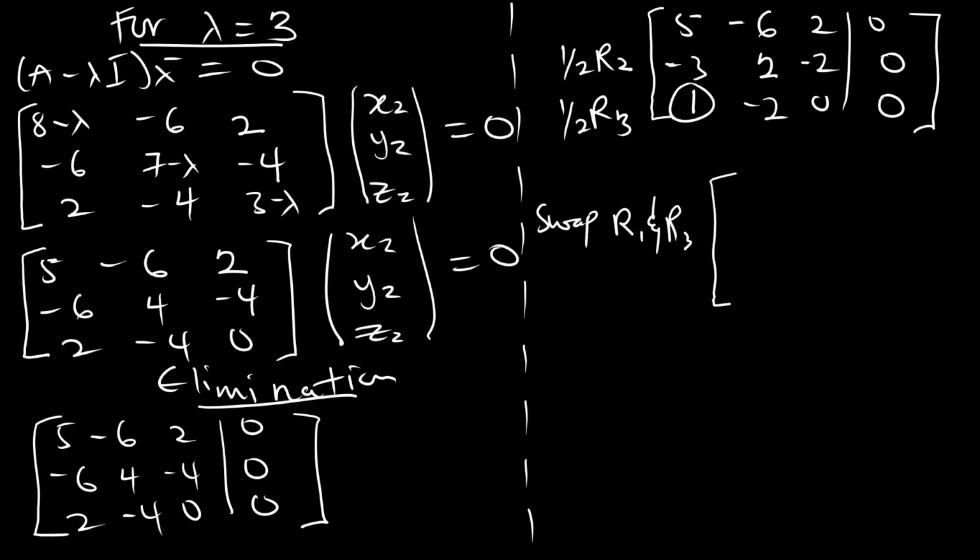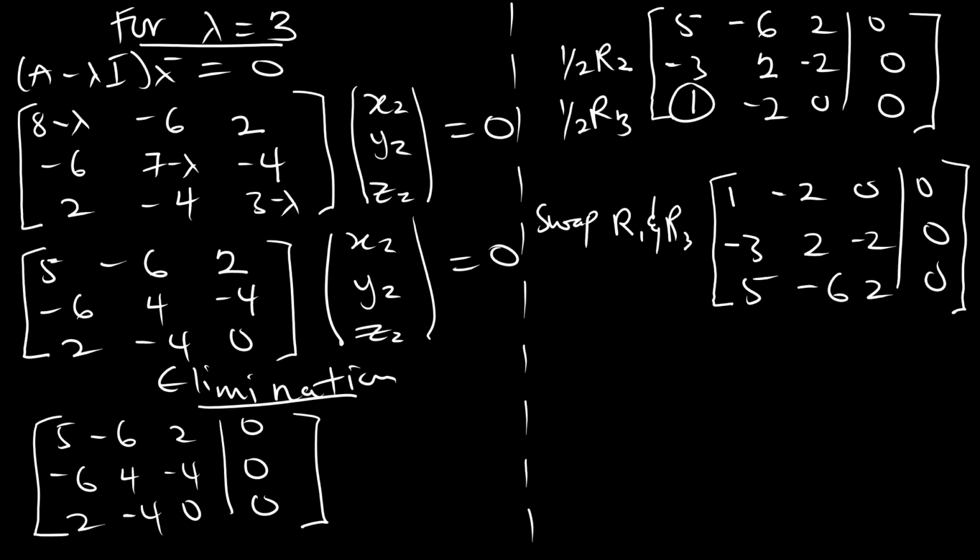Swapping rule 1 and rule 3 gives me 1, negative 2, 0 into 0. Rule 2 is intact, that is negative 3, 2, negative 2, 0, and 5, negative 6, 2, 0, this way.